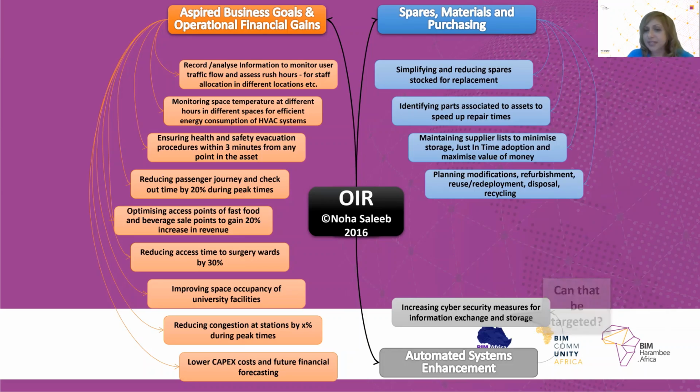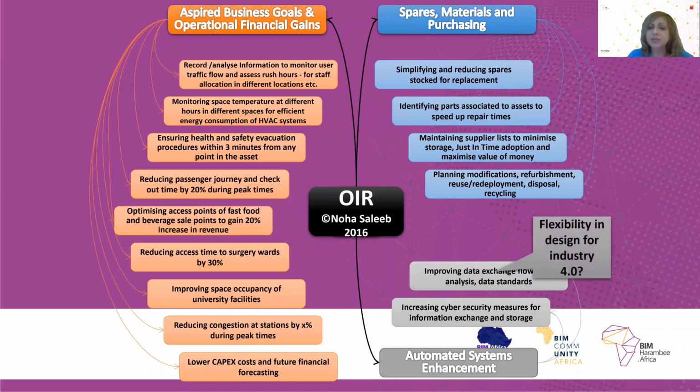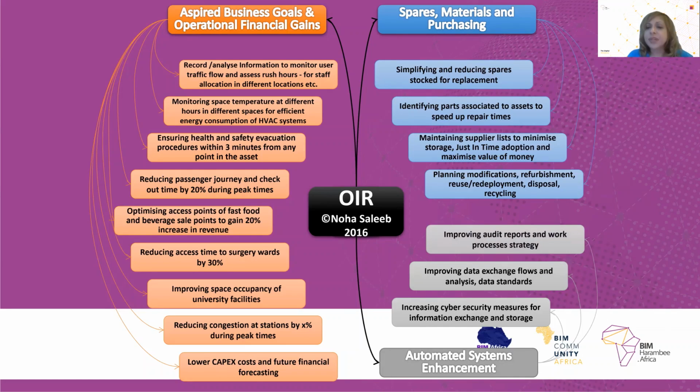But there are other things that could be asked for, like improving the data exchange flows, for example, especially if you're going to consider employing robotics, big data analytics, Internet of Things, the things related to futuristic Industry 4.0, smart buildings in your own right. How do you encourage the improvement of the data exchange across that? Improving the audit reports and the work processes and strategies.